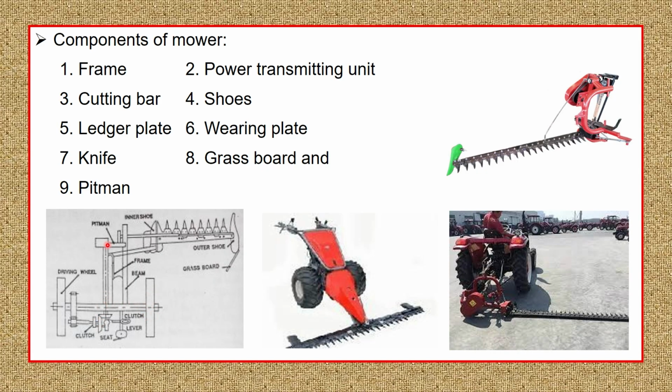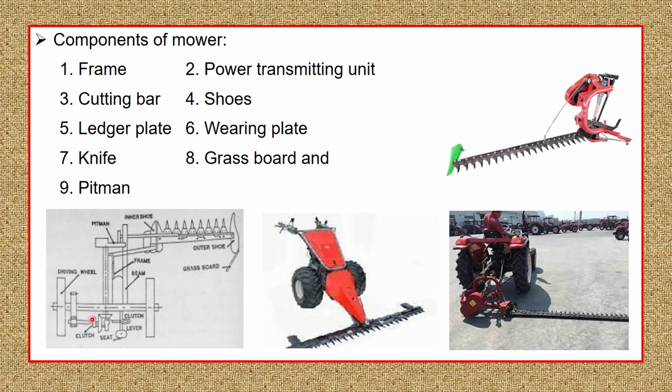That rotary motion is carried to the flywheel with the help of a set of gear mechanisms, bevel gears and so on. They change the direction of travel, transferring the rotary motion at a right angle, and from here the rotary drive is given to the flywheel. Over the flywheel the pitman is placed, and this pitman converts the rotary motion of the flywheel into the reciprocating motion required for the cutter bar unit.